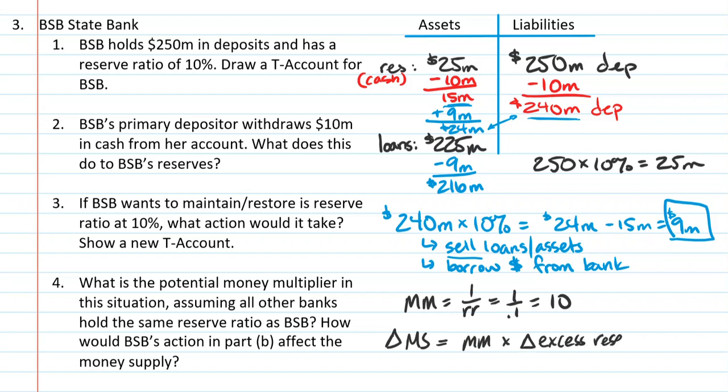And the biggest question students tend to have here is, where are excess reserves in this problem? Because of the withdrawal, we didn't see an excess. In fact, what we saw was a lack of reserves in this bank. And what I would primarily point out to you is to remember that loans are created by excess reserves.